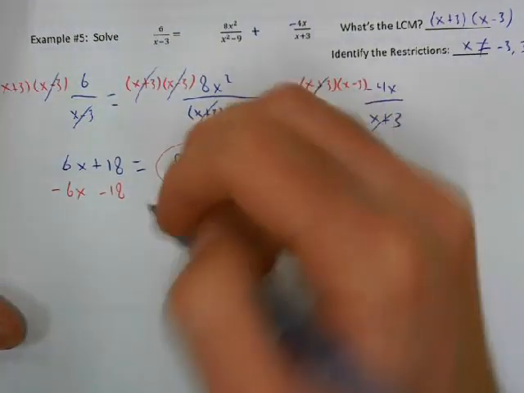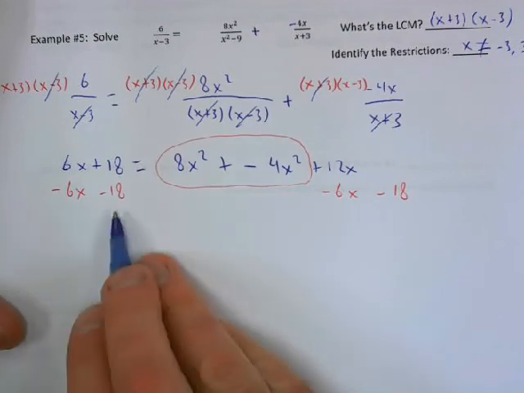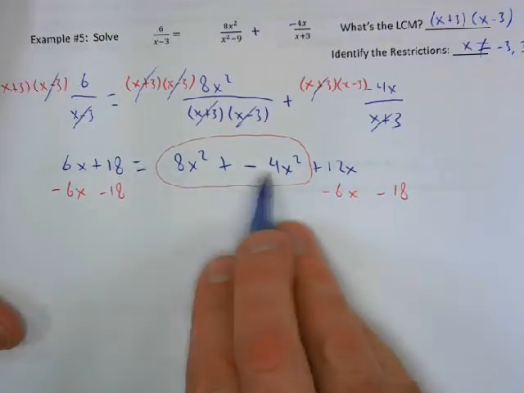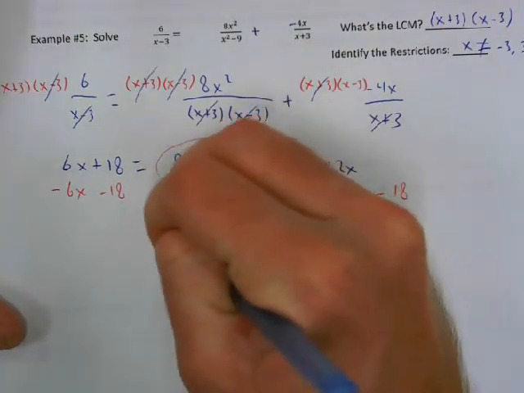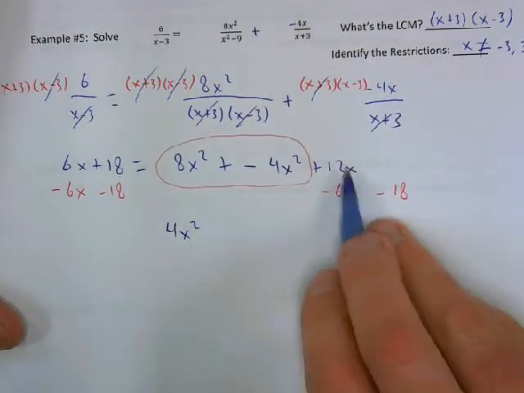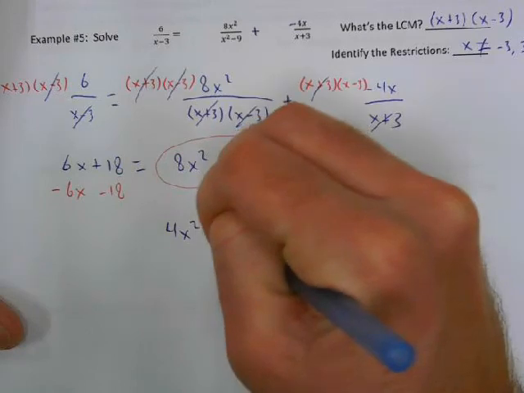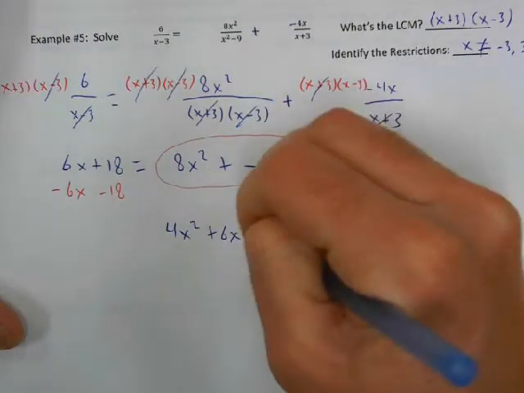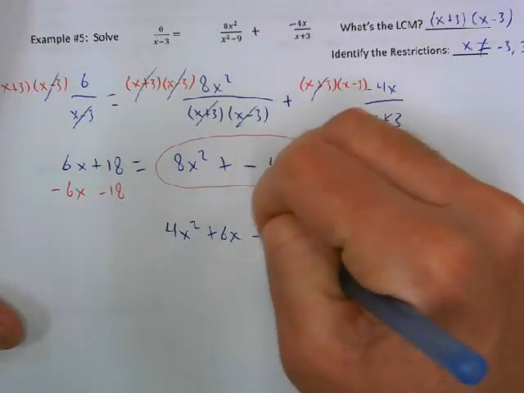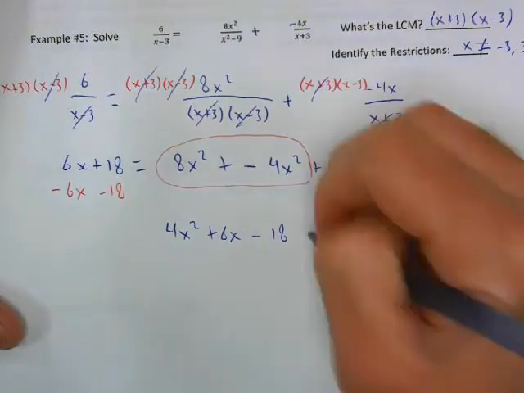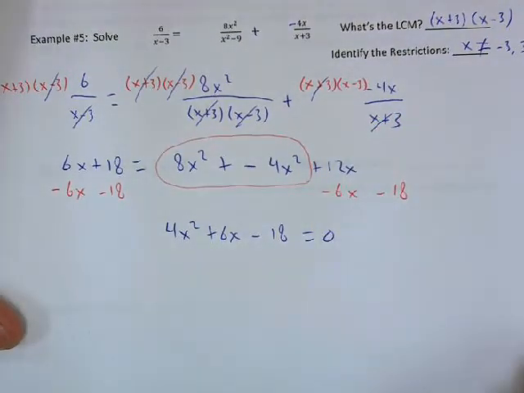Okay, and then when we do that, we get 0 on the left side of the equation. On the right side, we get 4x squared. And then 6x minus 12x is plus 6x minus 18. And then, of course, that equals 0. I'm going to put the 0 on the right side just because that's where I'd rather see it.